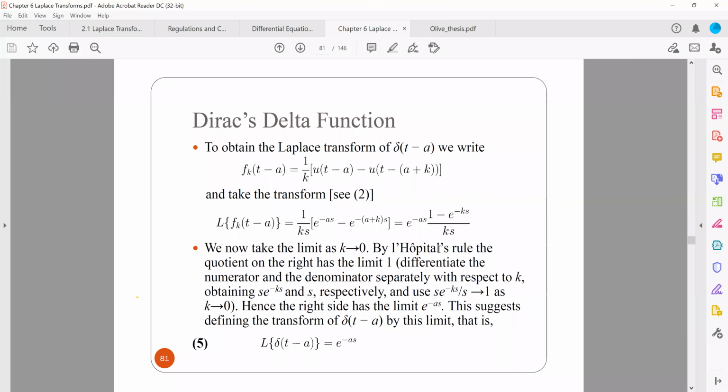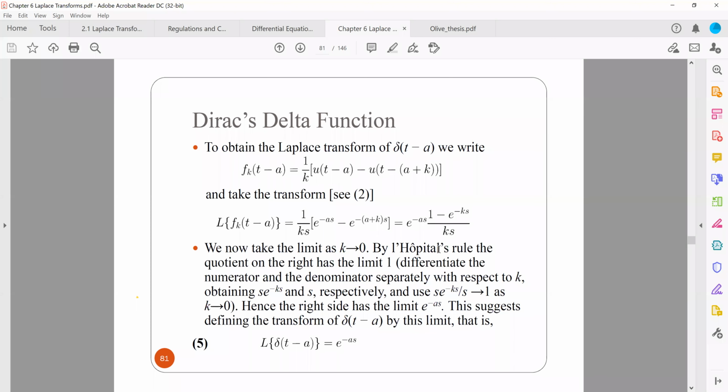Now, remember for the unit impulse function, we have k tends to 0. I don't know if you remember this from HSC mathematics, but when we have this kind of thing, we cannot substitute k equal to 0 here because we are going to get infinity. There is what is referred to as L'Hopital's rule. Here we differentiate the numerator and the denominator, and then set k tends to 0.